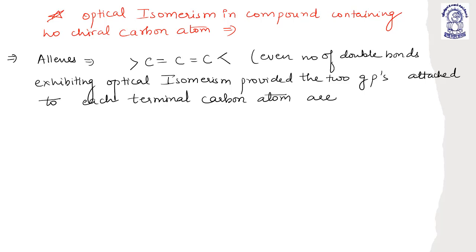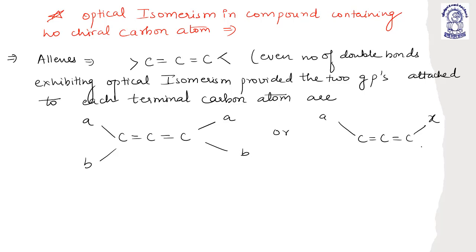Okay, each terminal carbon atom. Or we can make it like this. Now, with an even number of double bonds, they exhibit optical isomerism, provided the two groups are attached to each terminal carbon atom.